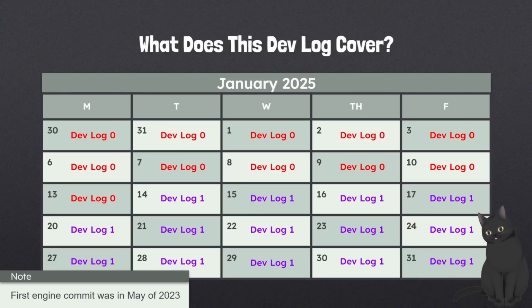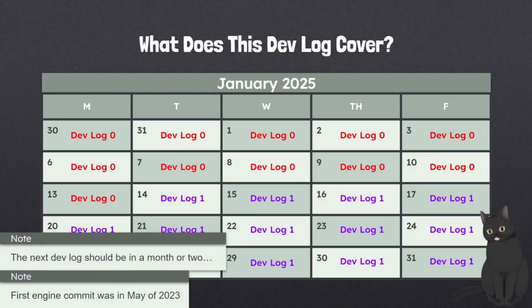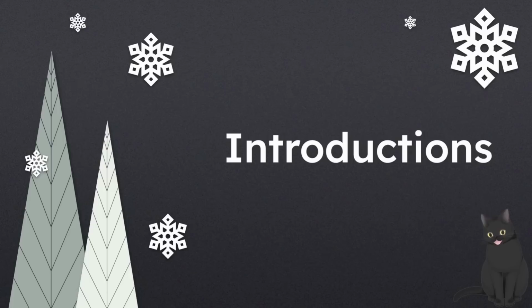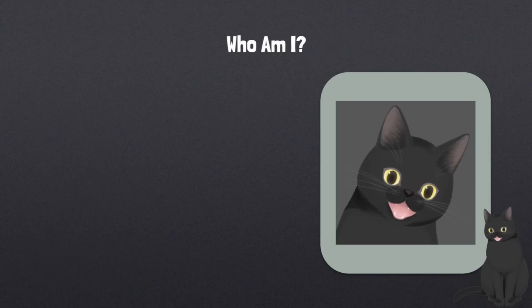The next devlog should be in about a month or two. It just depends how much content makes sense for a video and how long I want it to be, but you can tune into this channel in a few months and you should see if I post it.